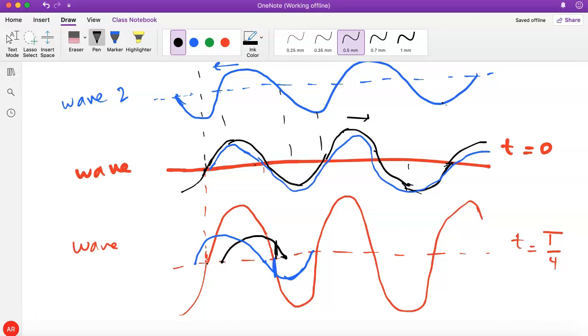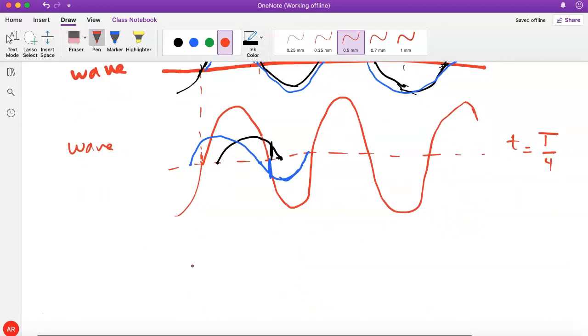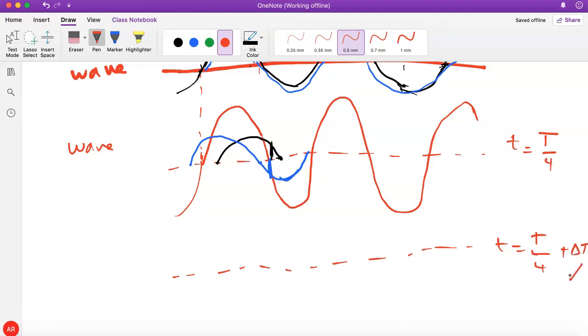Now what happens is that the superposition goes up and comes down, but it's not going to go all the way to this maximum amplitude. It will be something like this. It will be a little bit flatter. So let's say t equals T over 4 plus delta t small, corresponding to that displacement.